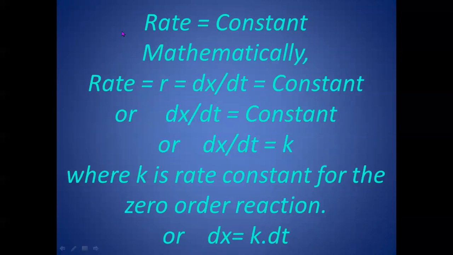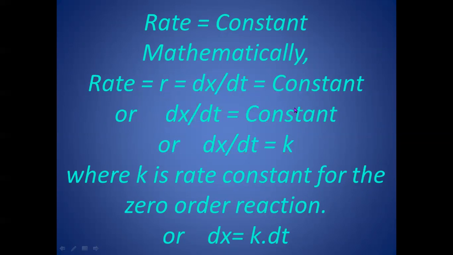So here mathematically, our rate R will be equal to dx by dt, which is a constant, and the constant here is represented by K. Why?